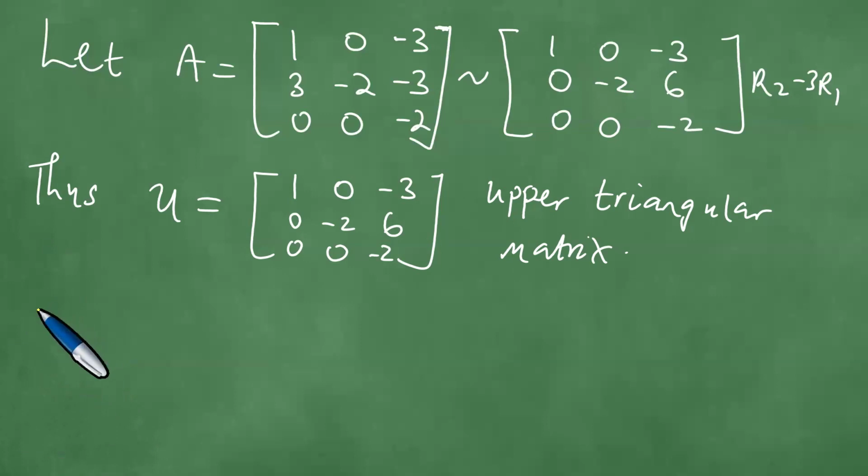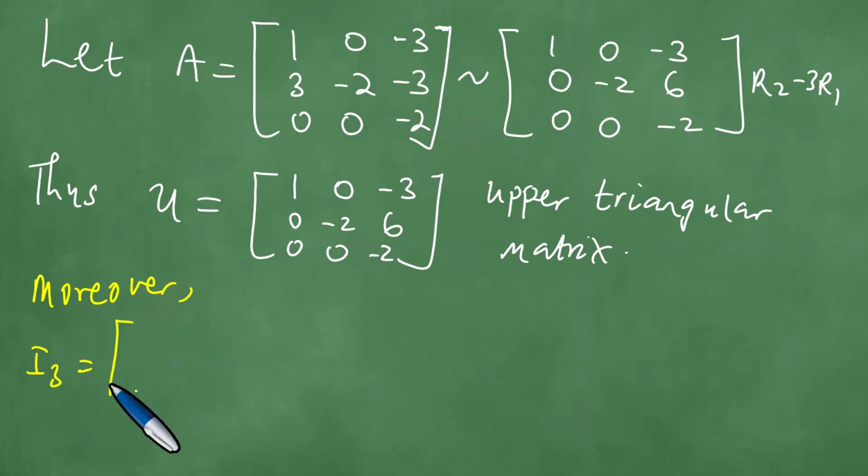We need to recall that the 3 by 3 identity matrix I3 is given as follows: 1 0 0, 0 1 0, 0 0 1.